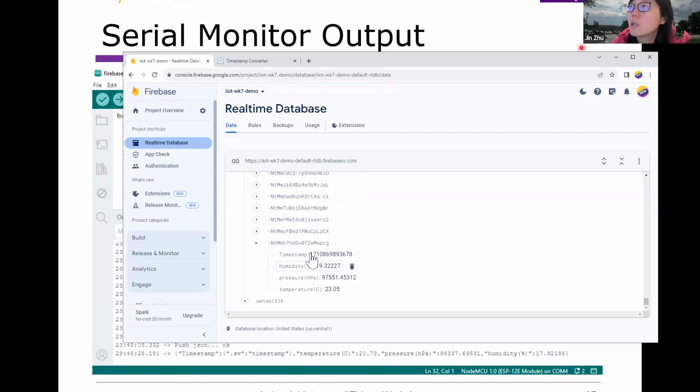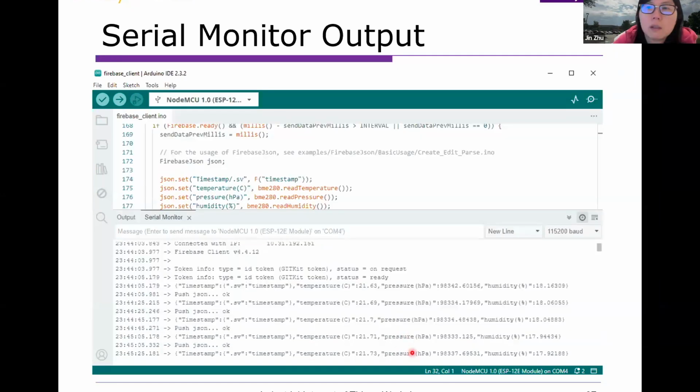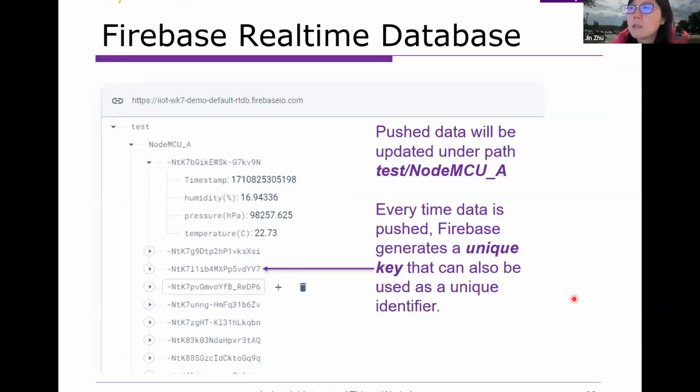So the three fields over here, if you look at this one, okay, you have three fields. If you look at these codes over here, I have a timestamp, right? Humidity, pressure, temperature, those are three values from that BME280 sensor. Then the first field is the timestamp.